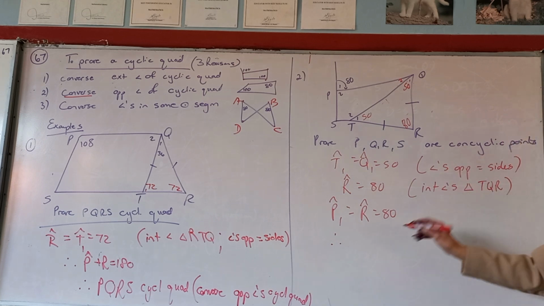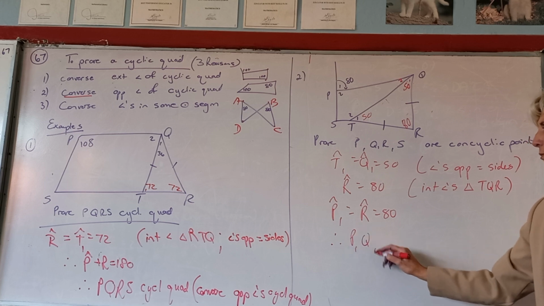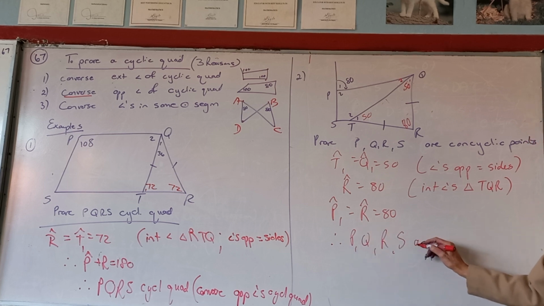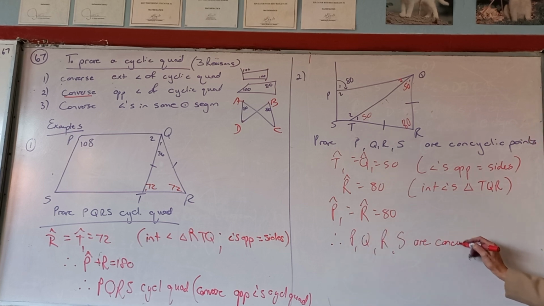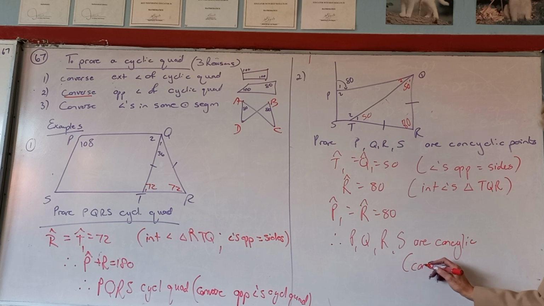They said, prove that P, Q, R and S are concyclic points. And the reason for that is the converse of, what did I use? The exterior angle, the opposite interior angle of a cyclic quad. What did she use?